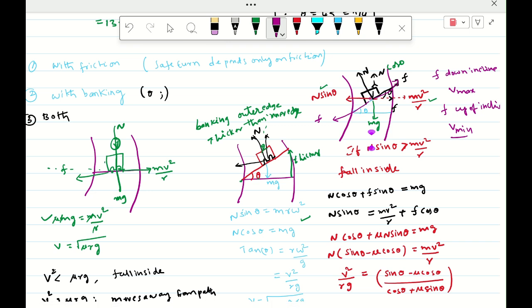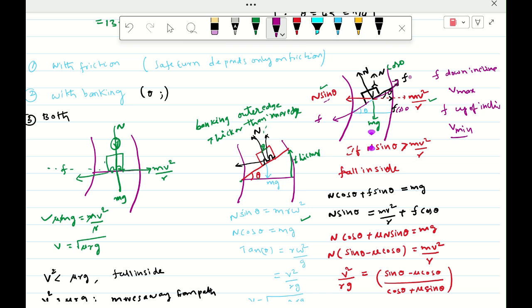How much velocity is needed to take the turn safely? Suppose the vehicle maintains less than that velocity. That means the n sin theta component is more because of the banking angle, and more n sin theta means it will fall down. To balance n sin theta, the f cos theta term is added to mv square by r to take the turn.